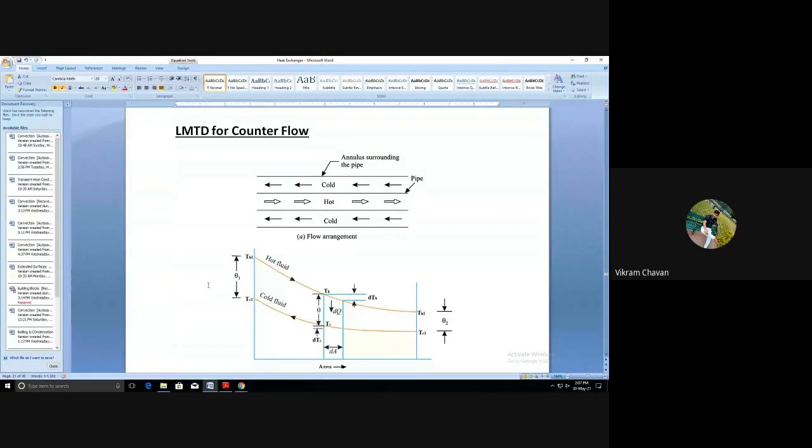Okay, have you drawn the diagram? Shall I dictate?